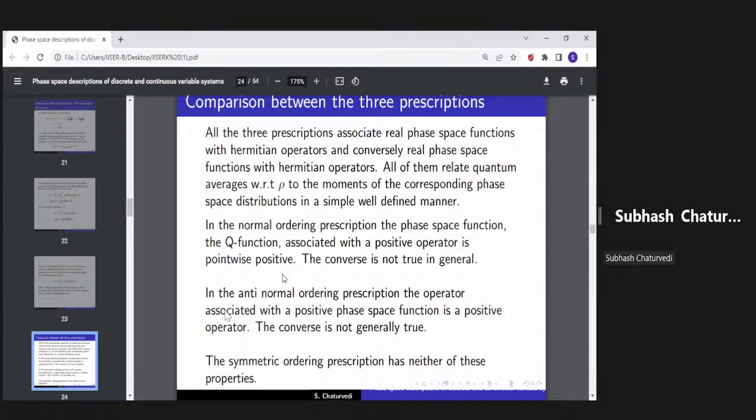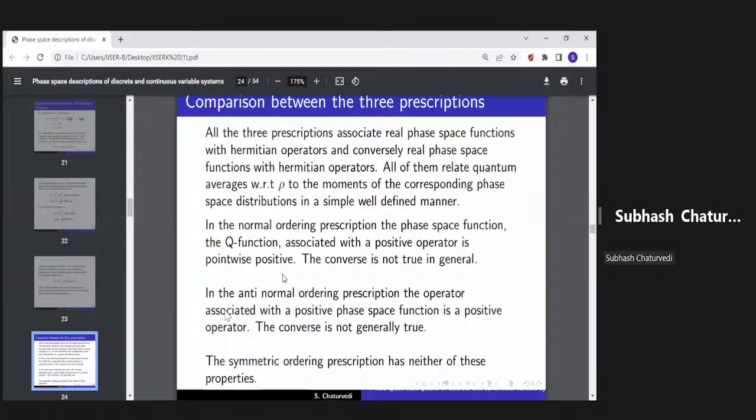Now, you would expect that in the Wigner case we would have the best of both worlds, namely a positive operator would go to a positive phase space function, and a positive phase space function would lead to a positive operator.